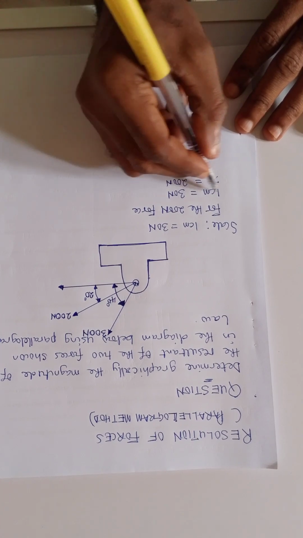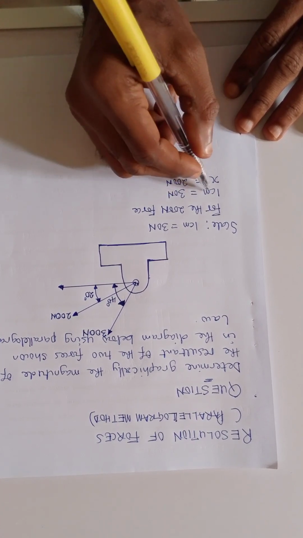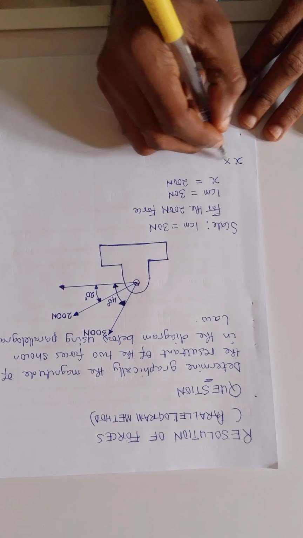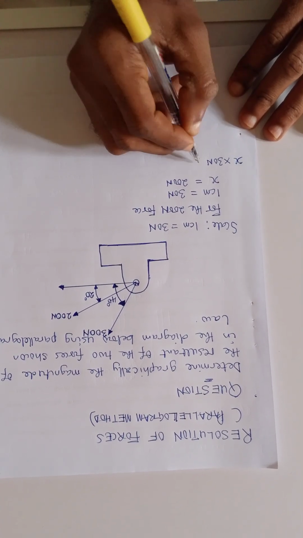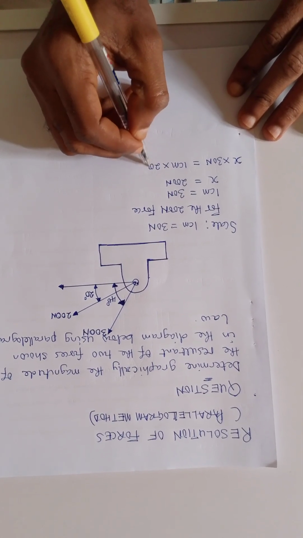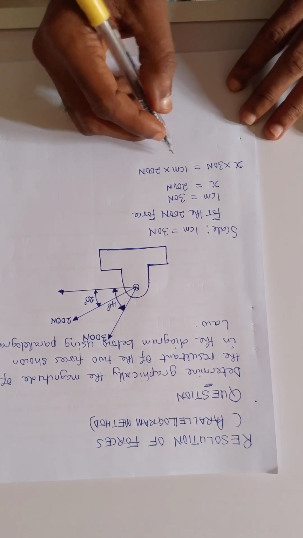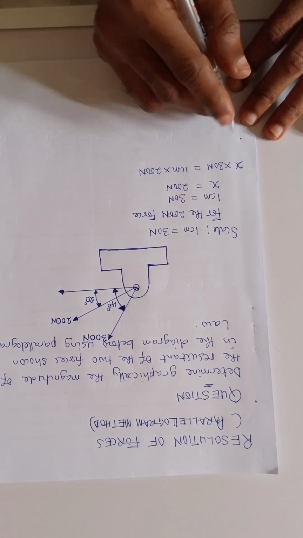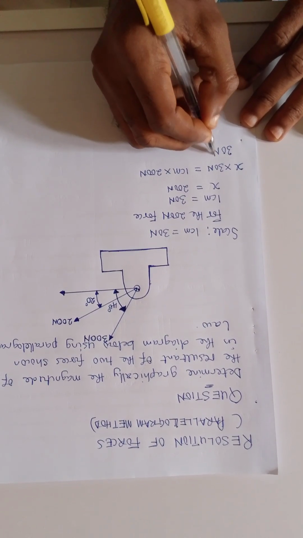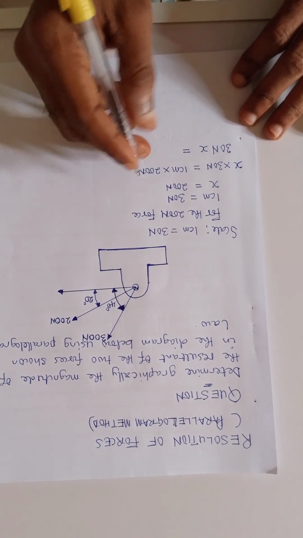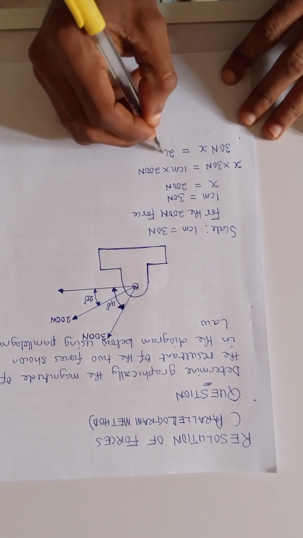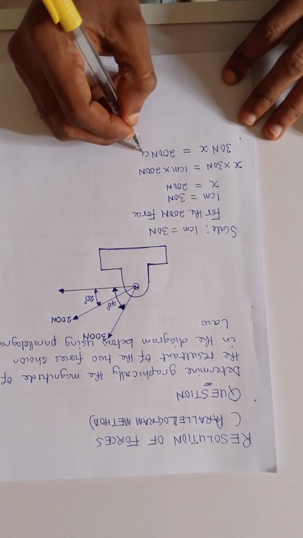So here we cross multiply, this by this, this by this, and we are going to have x times 30 Newton equal to 1 cm times 200 Newton. So x times 30 Newton is 30 Newton x, and 1 cm times 200 Newton is 200 Newton cm.